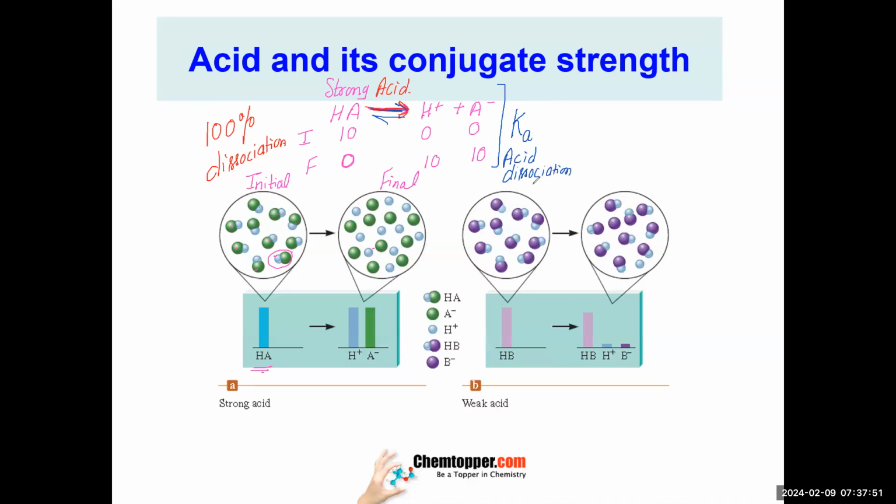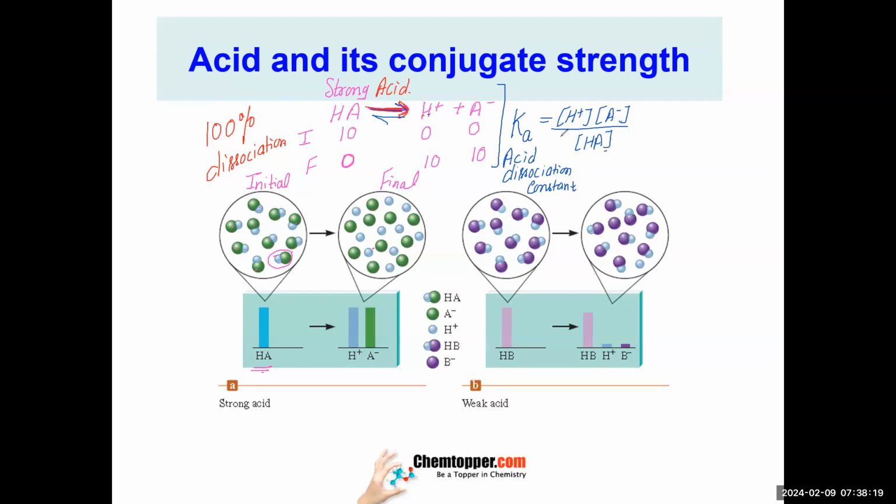Expression for Ka. It is the same as the equilibrium constant expression. Same. Means concentration of H plus, the products, concentration of the products divided by concentration of HA. Yes, this is the expression.